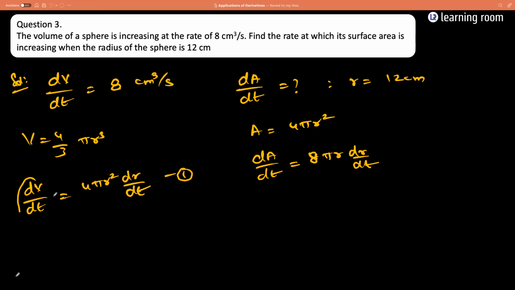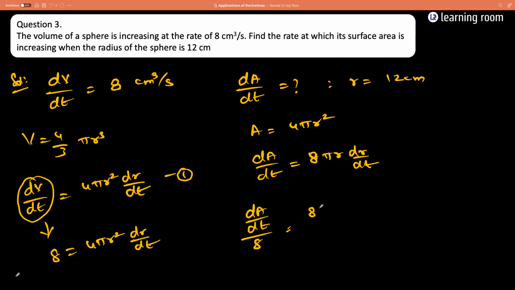Sir, is it 4/3 centimeter seconds? I think so, yeah. So when you divide both, you will get dA by dt divided by 8 is equal to 8 pi r divided by 4 pi r square. R and R will get cancelled.